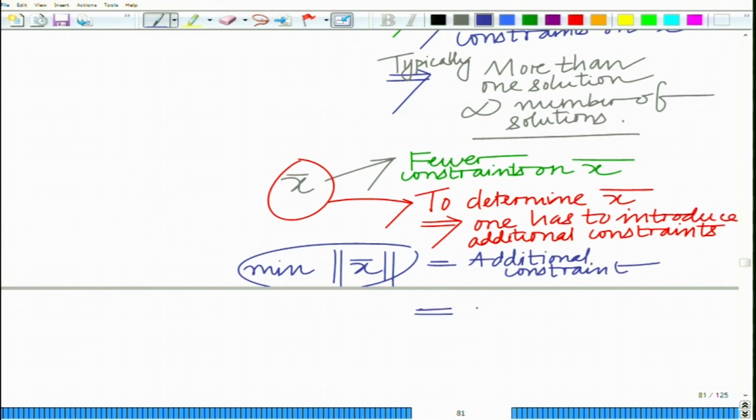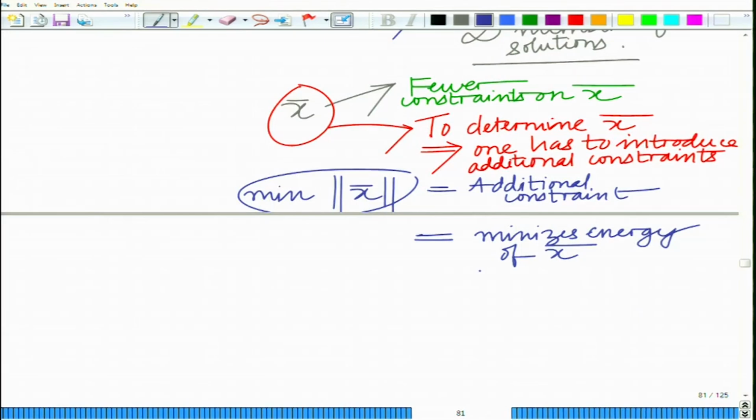Which basically minimizes the energy of x bar, which implies that the solution is energy efficient.